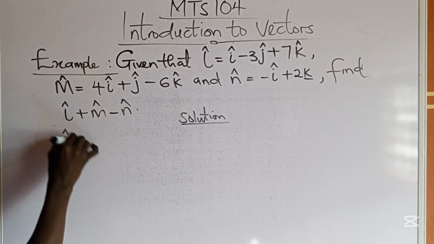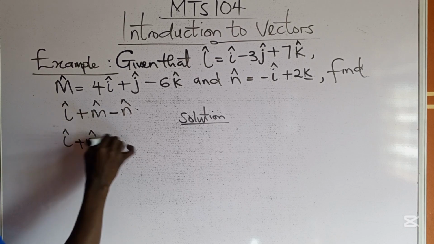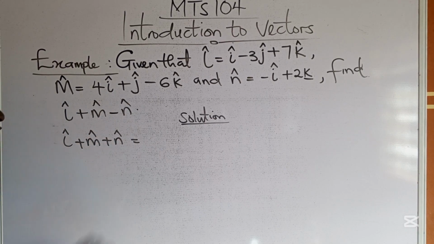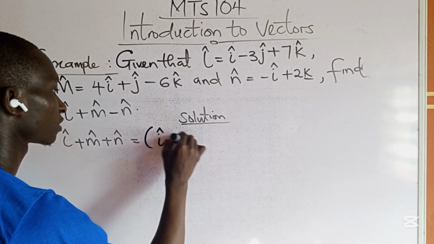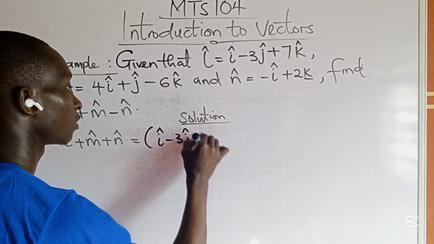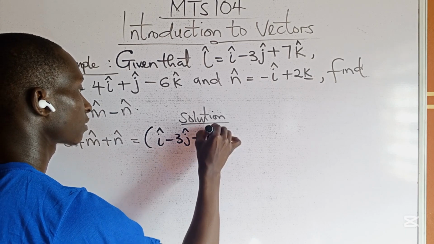Now, vector L plus vector M minus vector N becomes, now we have L to be i minus 3j plus 7k, right?